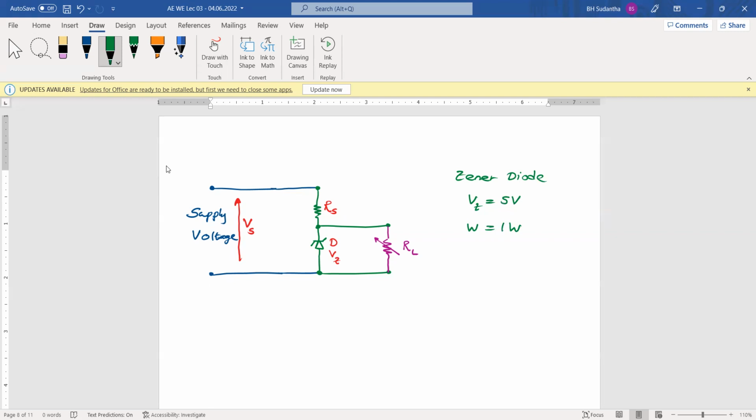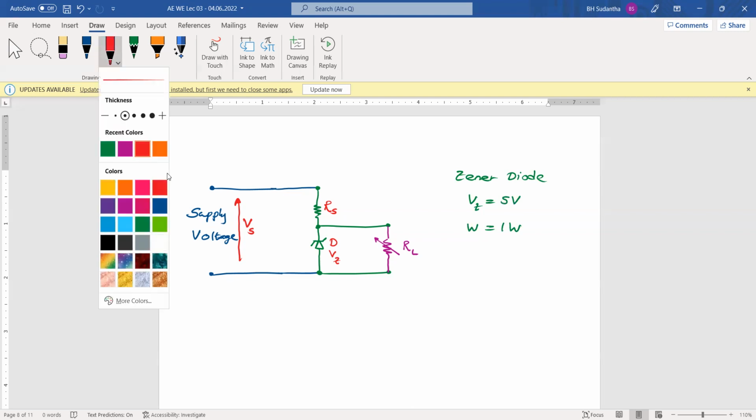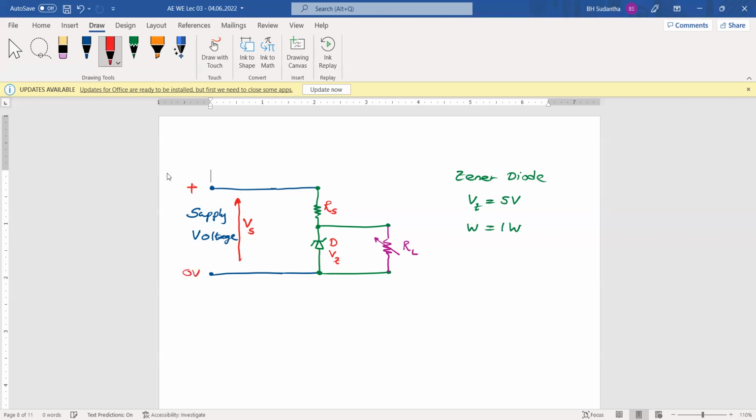Put in this Zener diode, 5 volts means, during its Zener region, the diode is in that state. Okay, we can take this as plus, and this as 0 volts. And then we are expecting to receive 5 volts to this load.